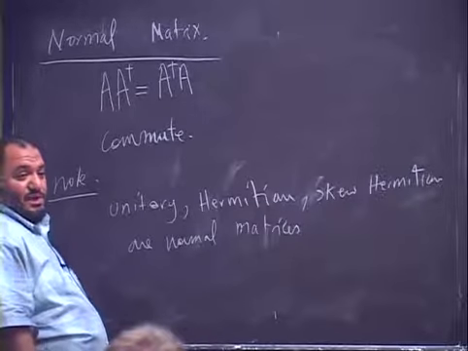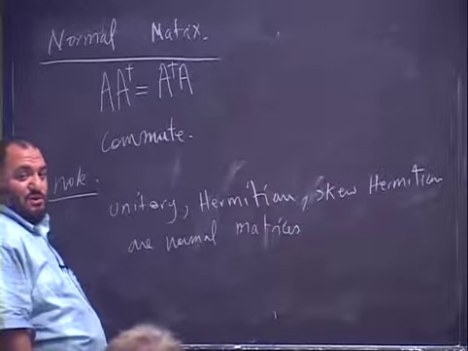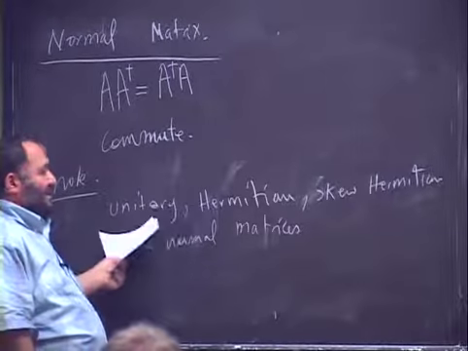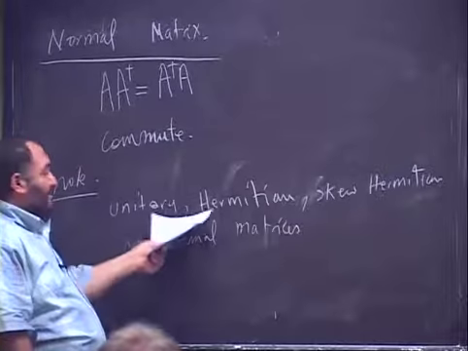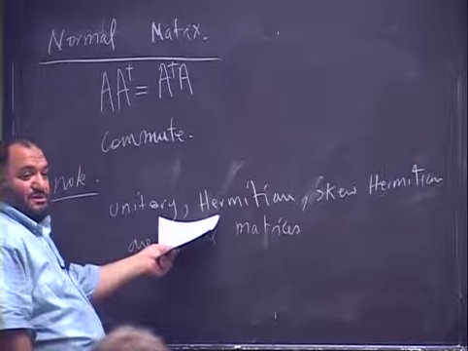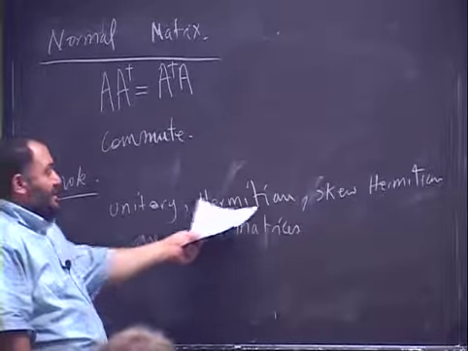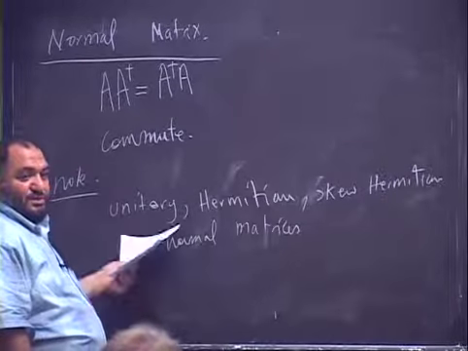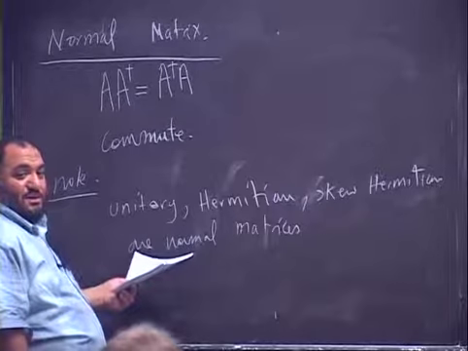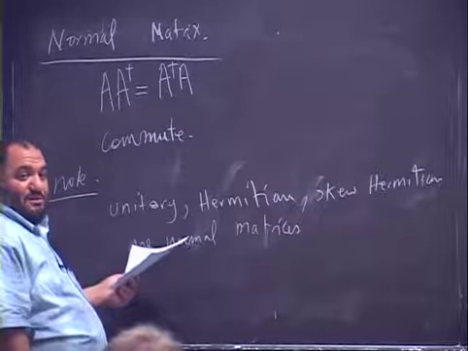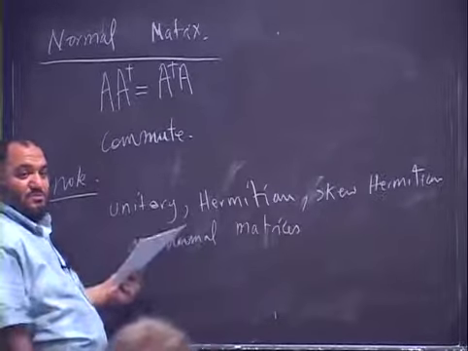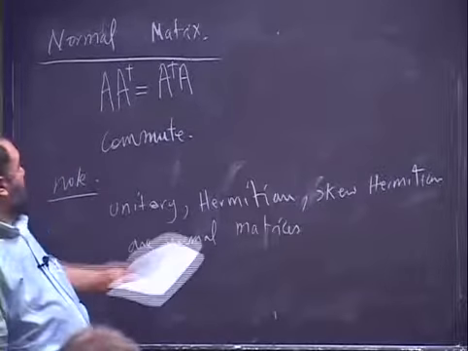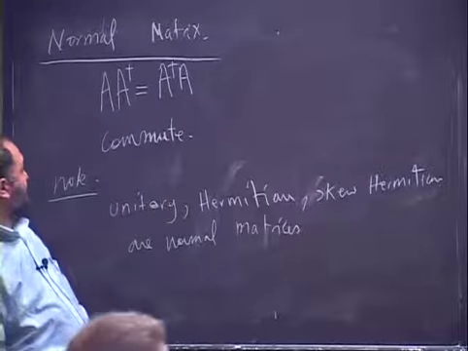Okay, guys? And the special cases also are normal matrices. What are the special cases of the unitary, Hermitian, skew Hermitian? Orthogonal, symmetric, skew symmetric. So those 6 types of matrices are what? Normal. What does normal mean? I can commute those matrices. So you can commute those types of matrices.